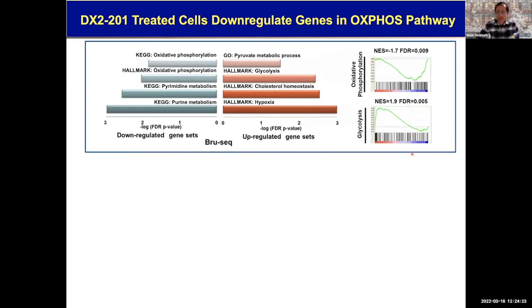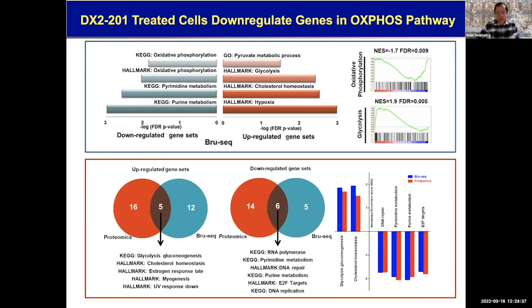And as we expected, we see the top gene set that is affected is oxidative phosphorylation, that essentially every single gene in an OXPHOS panel, they go down and glycolysis goes up. We also did proteomics, and when we overlap proteomics data with RNA-seq data, we see a very exciting common gene set that they go down or they go up.